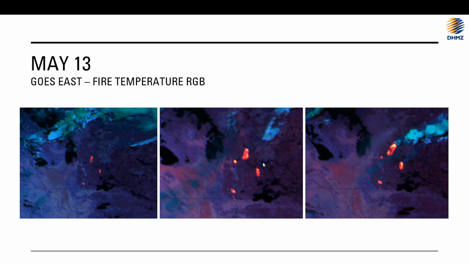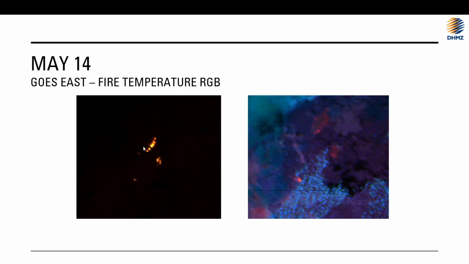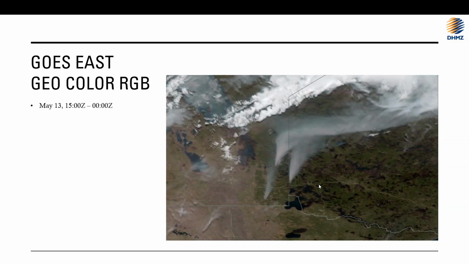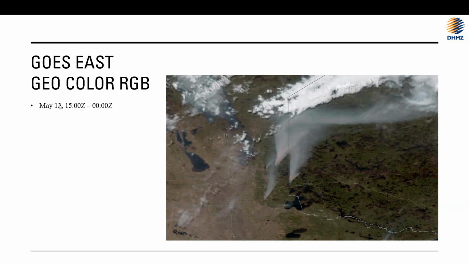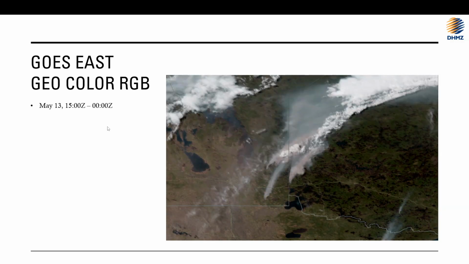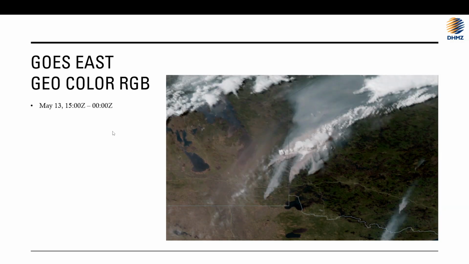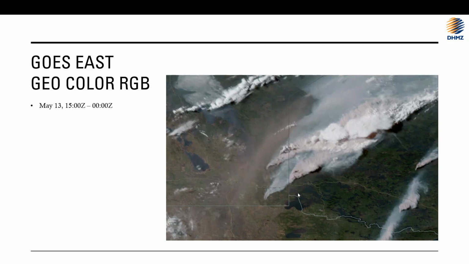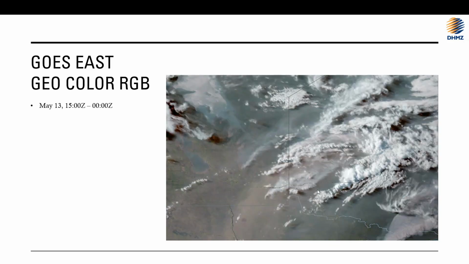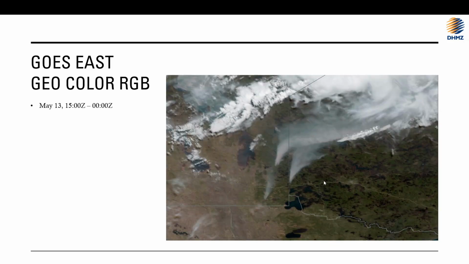And as it is developing, you can see the intensity rising in the RGB. And then through the night, the activity was still present, going to May 14th. And here we can see the evolution from May 13, 15 UTC to 00 UTC, really vast amounts of smoke being injected into the troposphere.